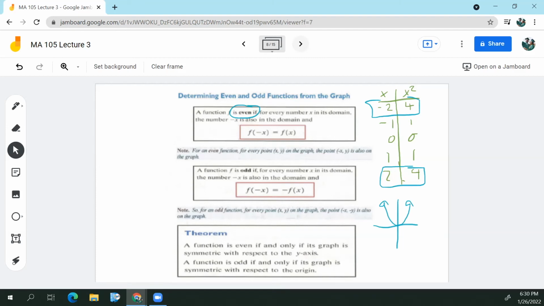An odd function would be something like y equals x itself. For example, if I plug -2 in, I get -2 out; -1, -1; 0, 0; 1, 1; 2, 2.